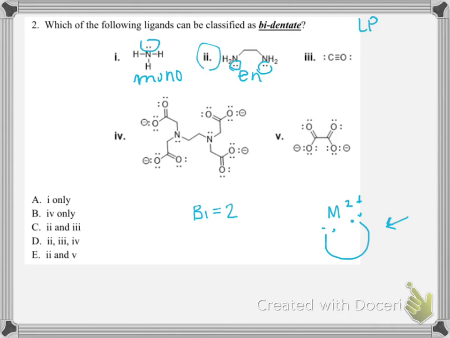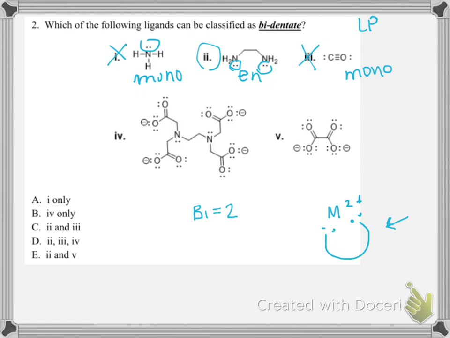With this carbon monoxide, one of the lone pairs could get up against the metal, but then there's no way for it to twist around or anything to have a second coordination site. Okay, so the geometry of this keeps that one from happening. This one's also mono. Okay. Then we get to the 4th option.